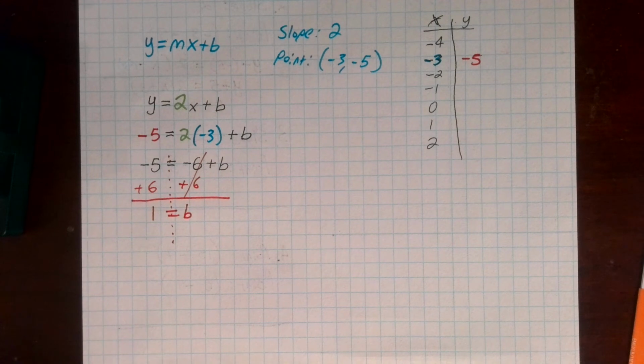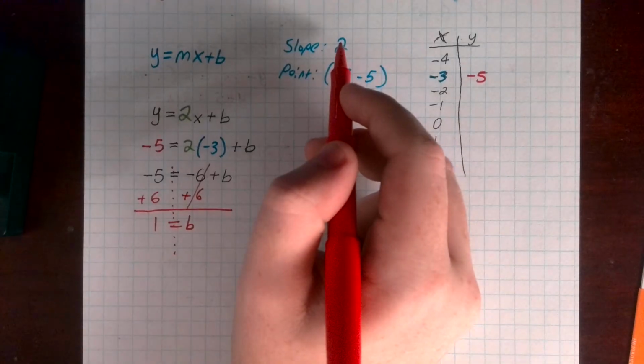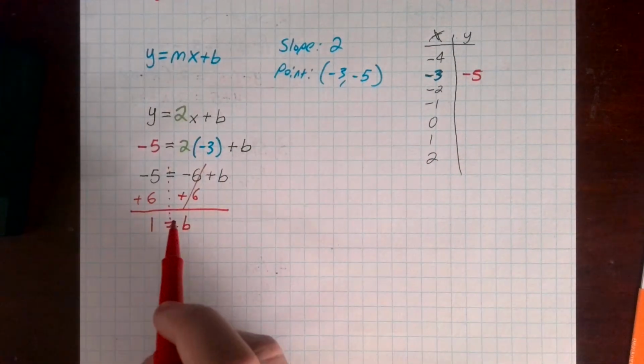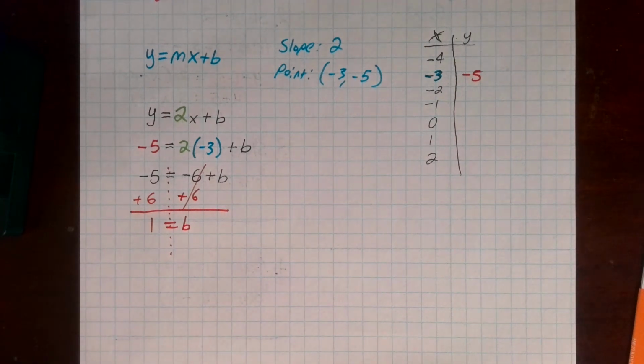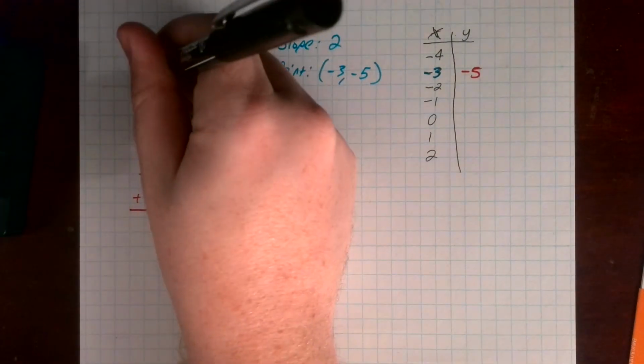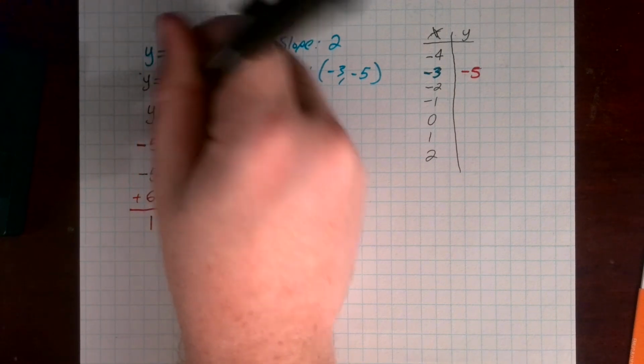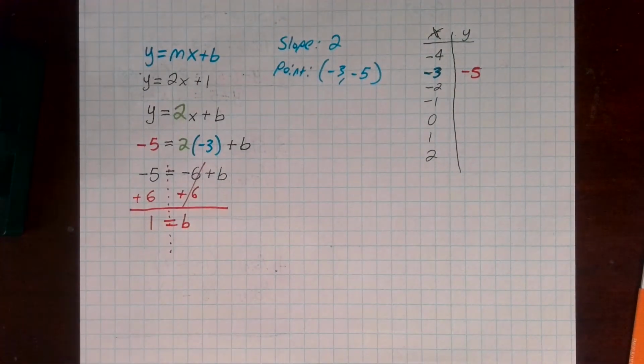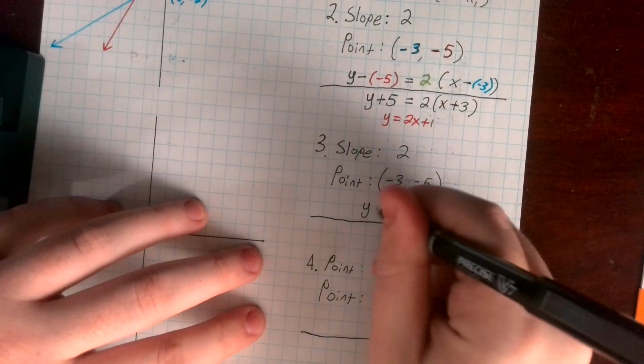Now look at what we have. We have a slope of 2, or an m of 2, and a b of 1. We have all we need for this equation. We can write it as y equals 2x plus 1. So that's an alternative way of doing this.